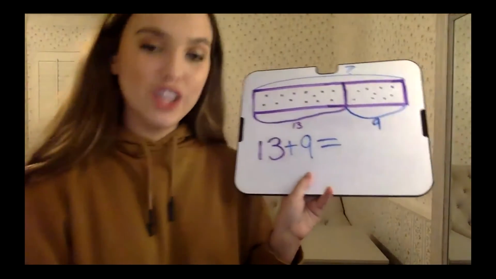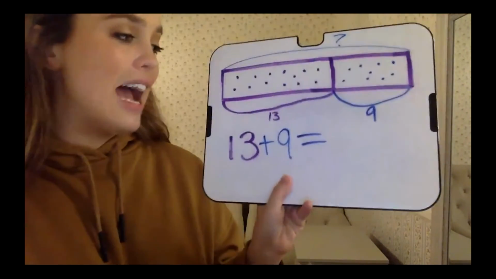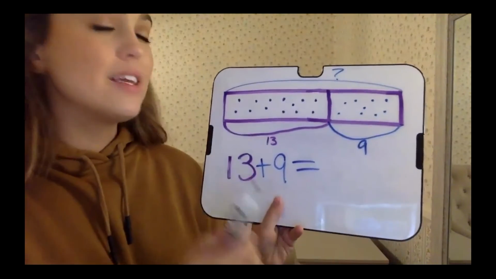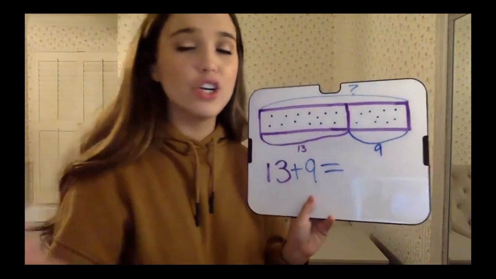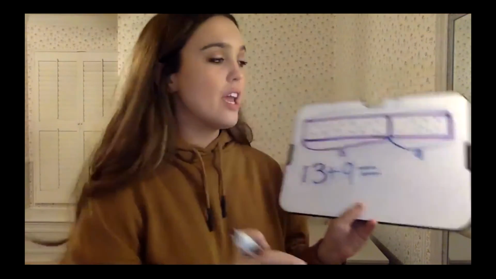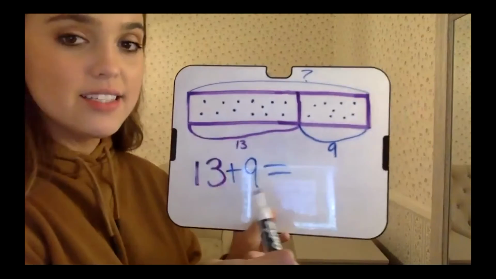All right, I'm going to use a couple different little colors here. Our number sentence should look like this. 13 plus 9 equals, and remember, if you can't do this math in your head or you don't want to use any other strategies that you know about, you can always just look up here at this number.